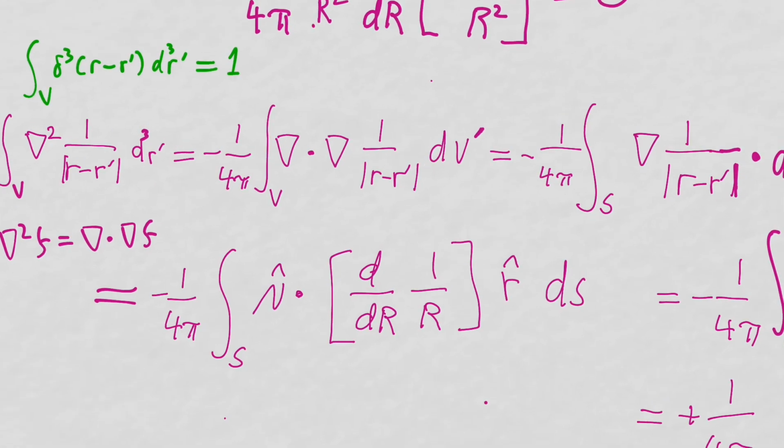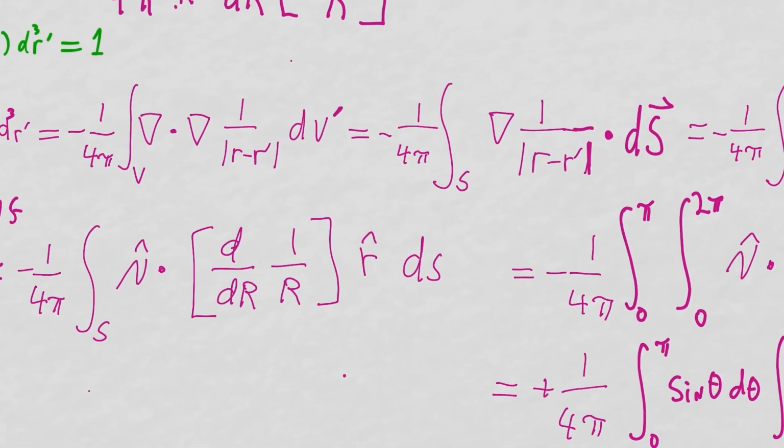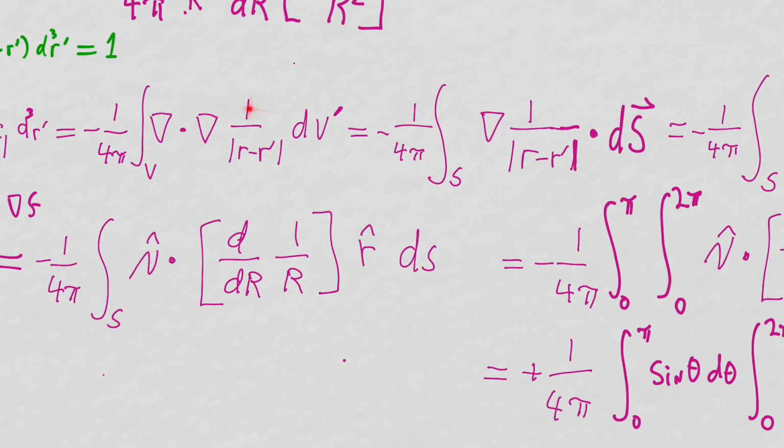Okay, so once we have this divergence of a gradient, what do we do? Well, now we execute the divergence theorem. We've got the divergence of a vector field integrated over a volume. That's equal to the surface integral of the vector field projected against the area element of the surface.